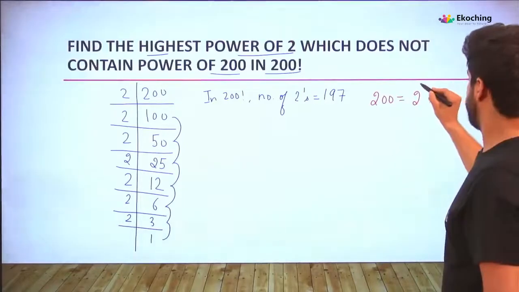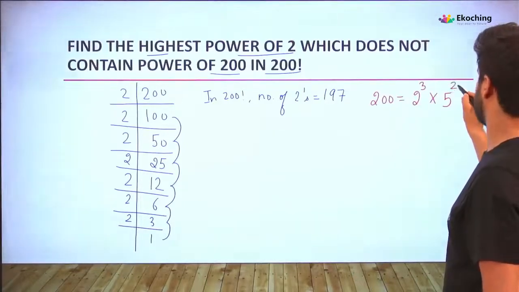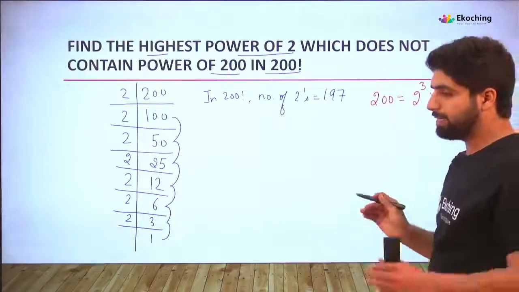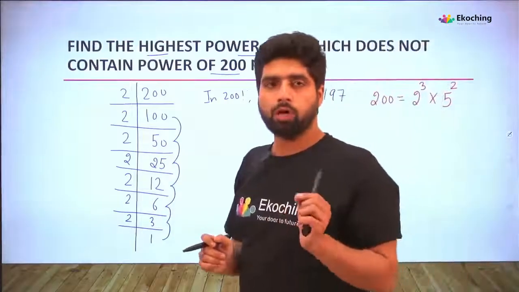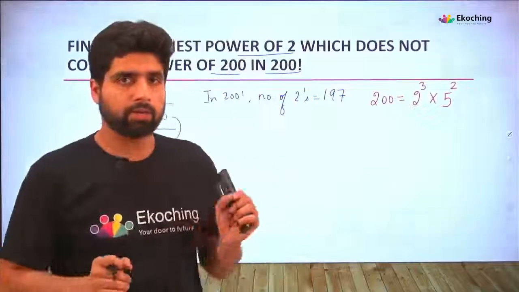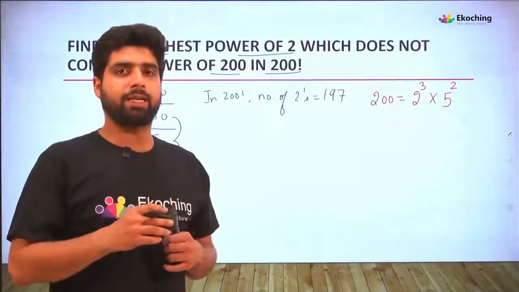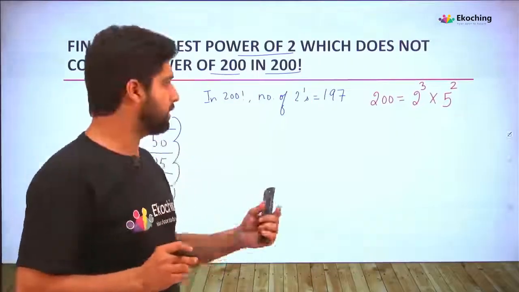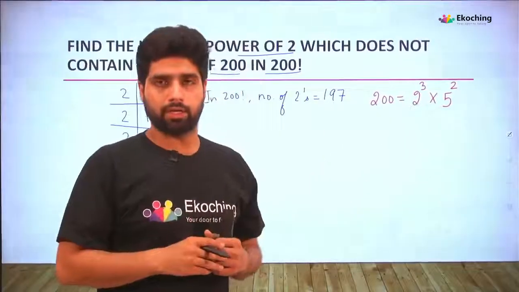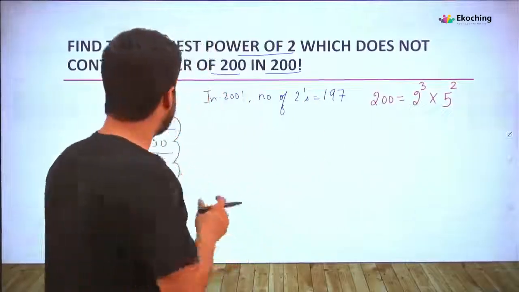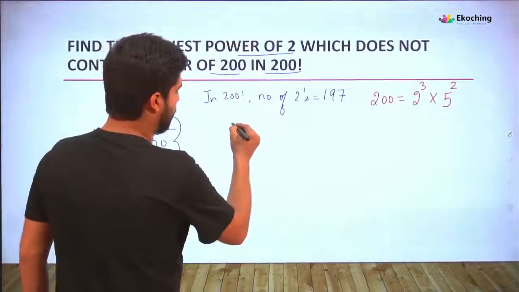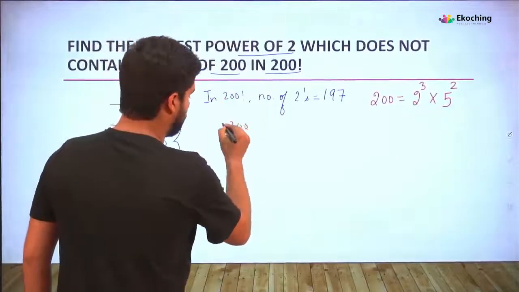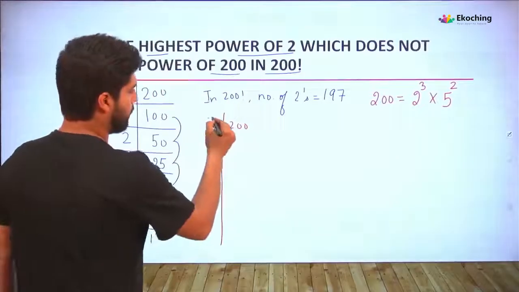So this can be made by 2 cube into 5 square. So that means right now we also need to find some powers of 5 and then remove those powers which come in this 200. So now similarly we'll divide this 200 by 5 to remove those powers of 200.